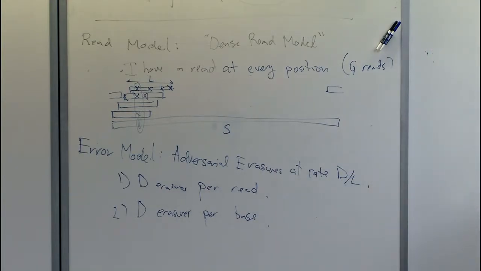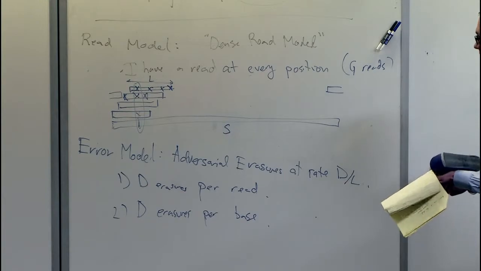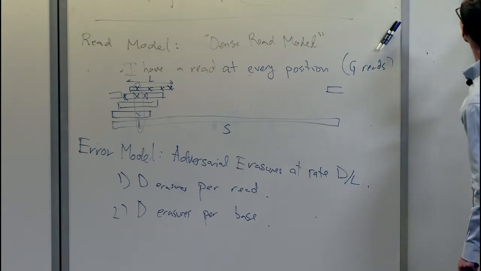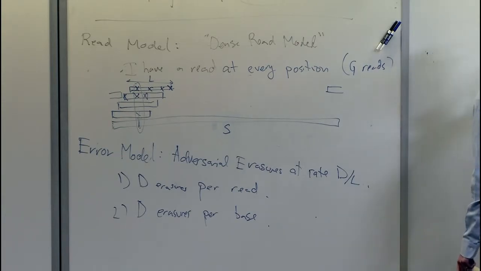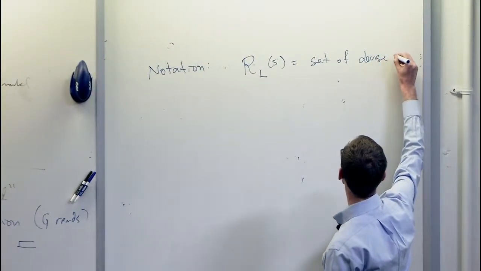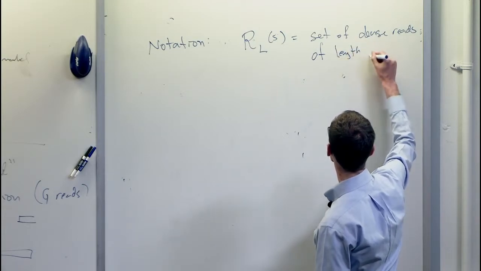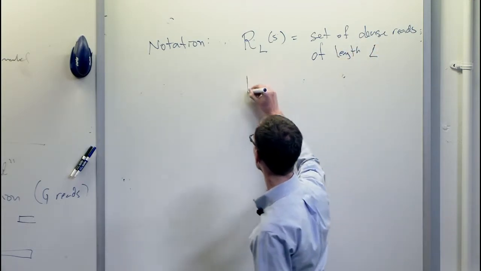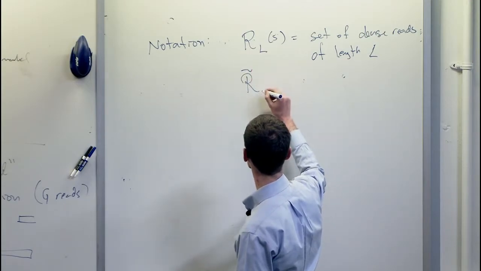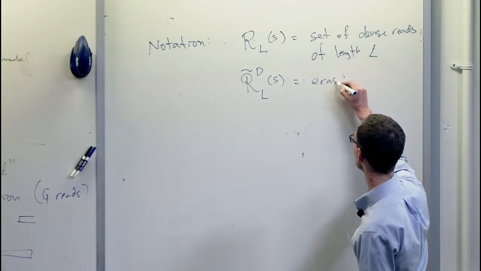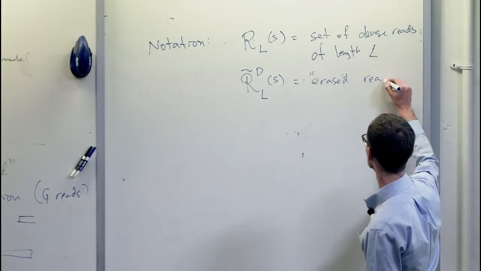So let me just introduce some notation here. R_L(S) equals set of dense reads of length L. And then we'll just write R_L,D(S) equals erased reads.